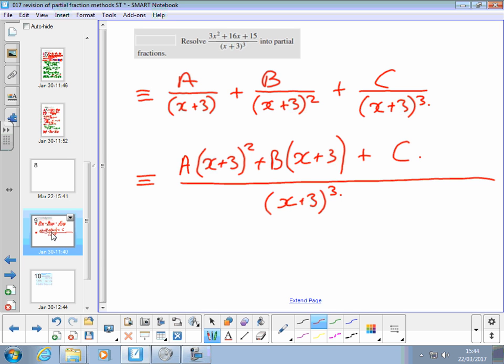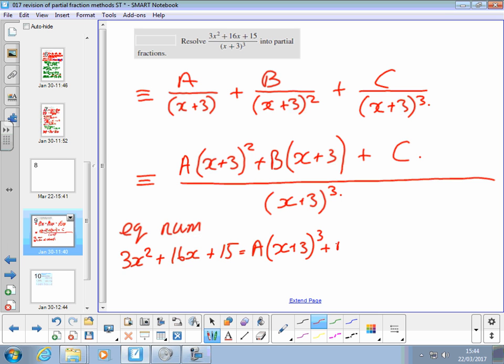And then what do we do? Equate the numerators. 3x squared plus 16x plus 15 is equal to A times x plus 3 cubed, plus B times x plus 3 squared, plus C. Have I got that right?